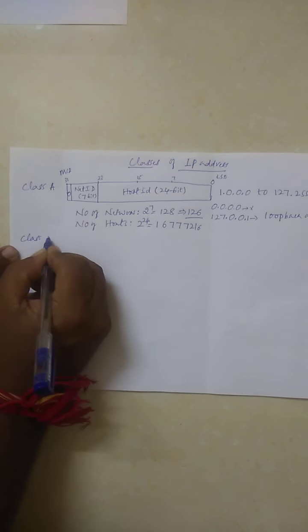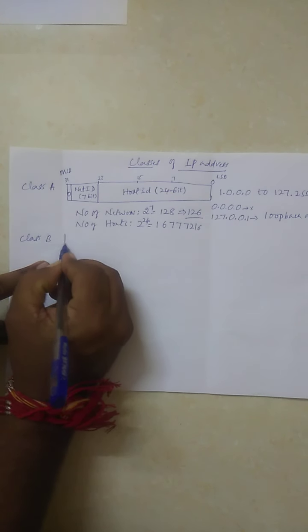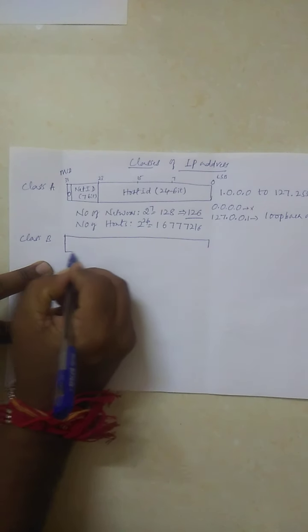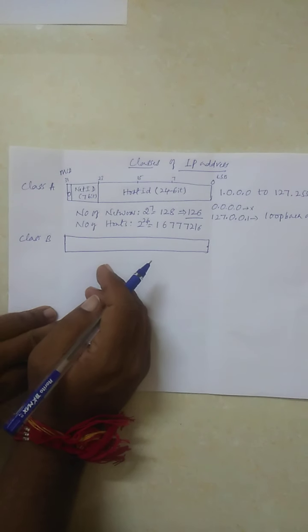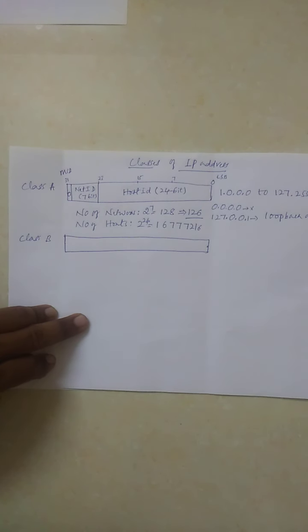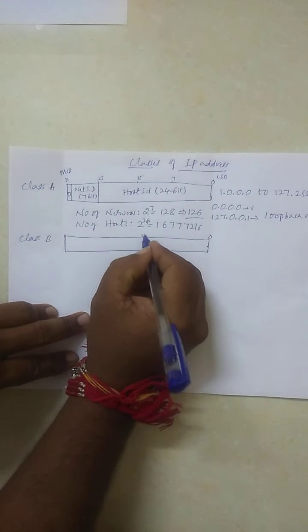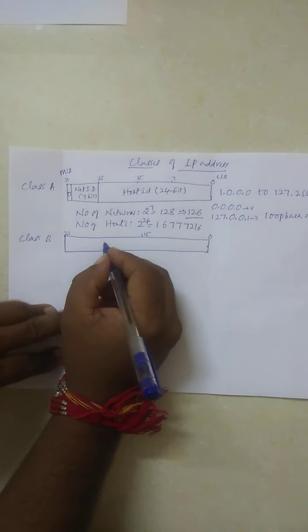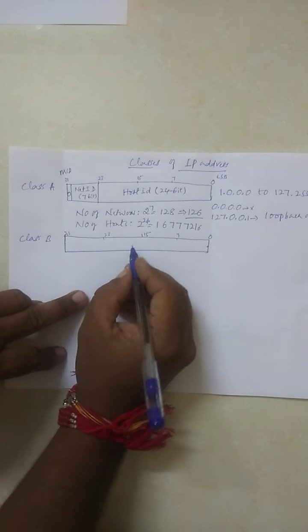So we'll write the Class B IP address. Class B IP address will have a different structure, because it is a little bit different from our Class A IP address. In this Class B IP address, we have the 7th bit, the 15th bit, the 23rd bit and the 31st bit.